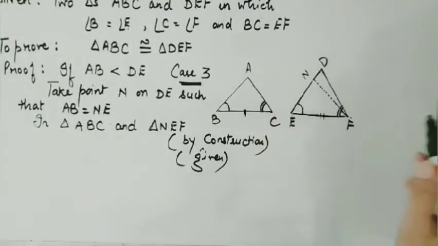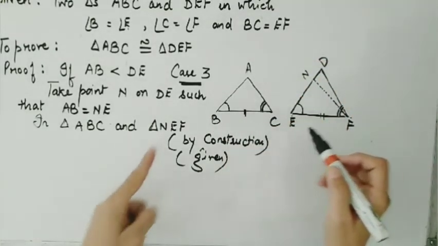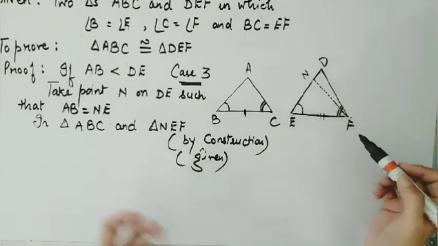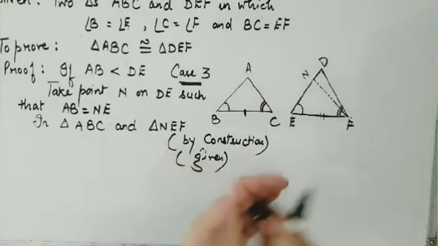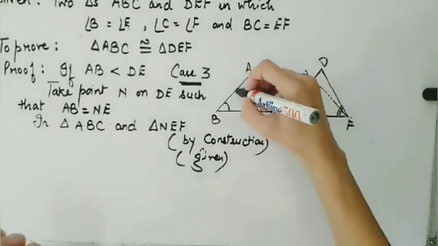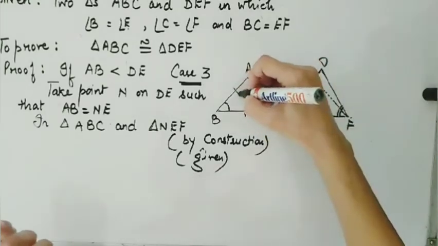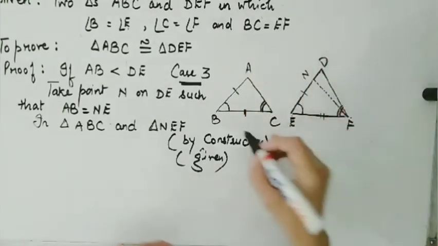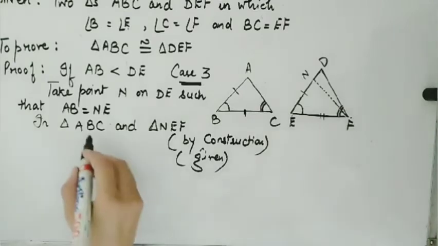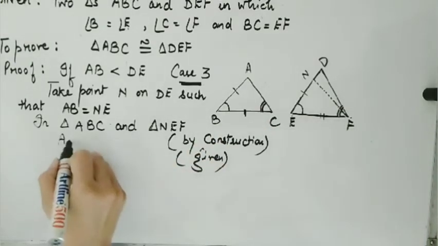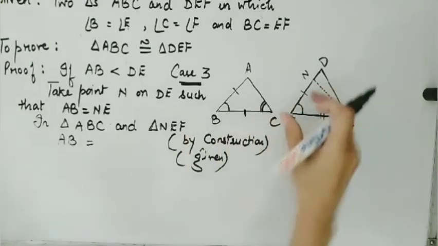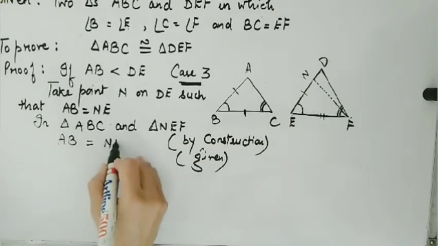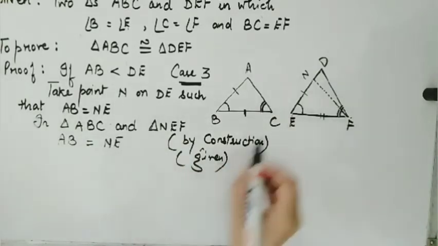Let us consider triangles ABC and NEF, and let's prove them congruent in the same way. So in triangle ABC, AB equals NE. Reason is same, this is by construction.